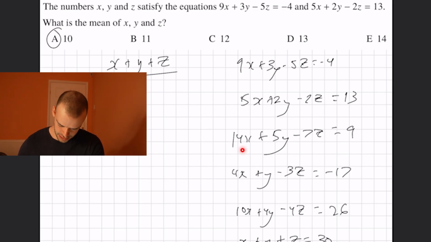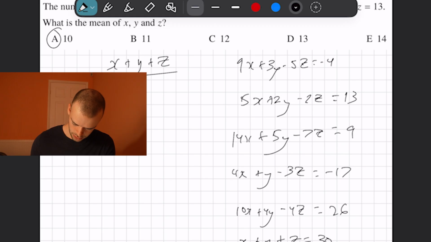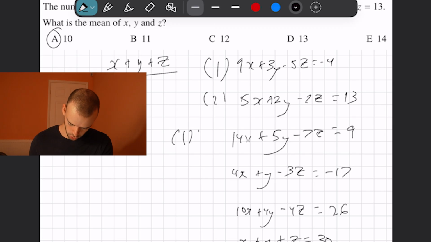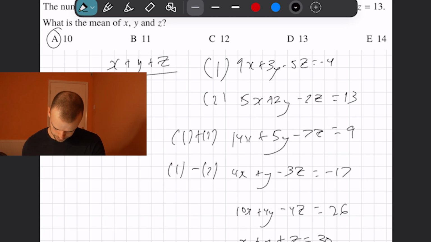I then subtracted this from this. And then I subtracted this equation from this equation. Okay, let's actually have a look at what I did there. So I had equation 1 and I had equation 2. And first I did equation 1 plus equation 2. And then I did equation 1 minus equation 2.